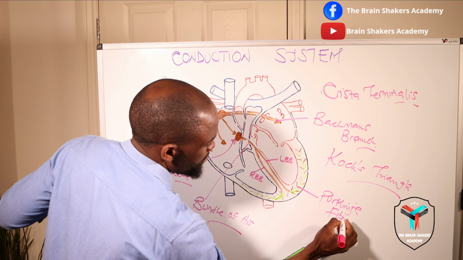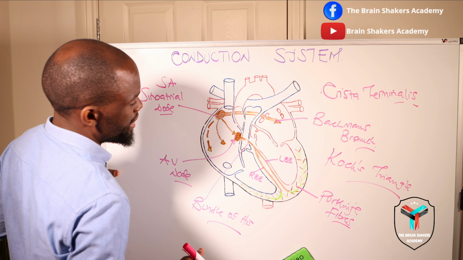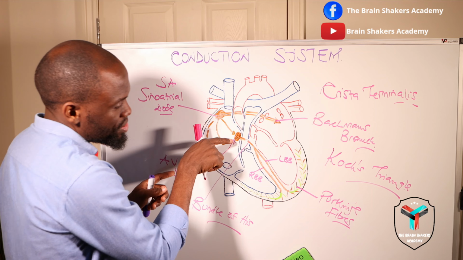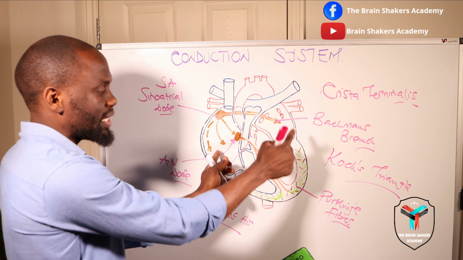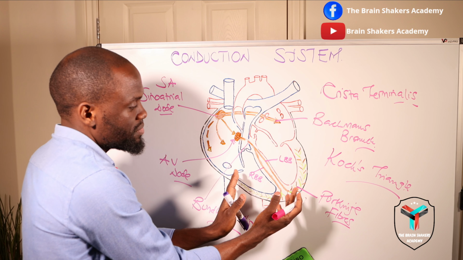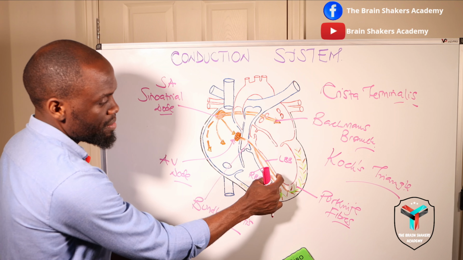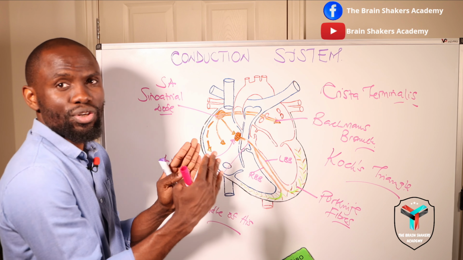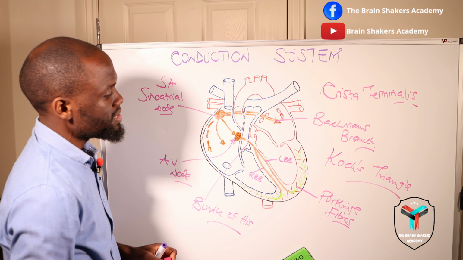So once that action potential is passed into the branches and then gets to the rest of the cardiomyocytes at the same time through those other branches, the ventricles are forced to contract at the same time. Basically, this is what happens during the electrical conduction system within the heart.